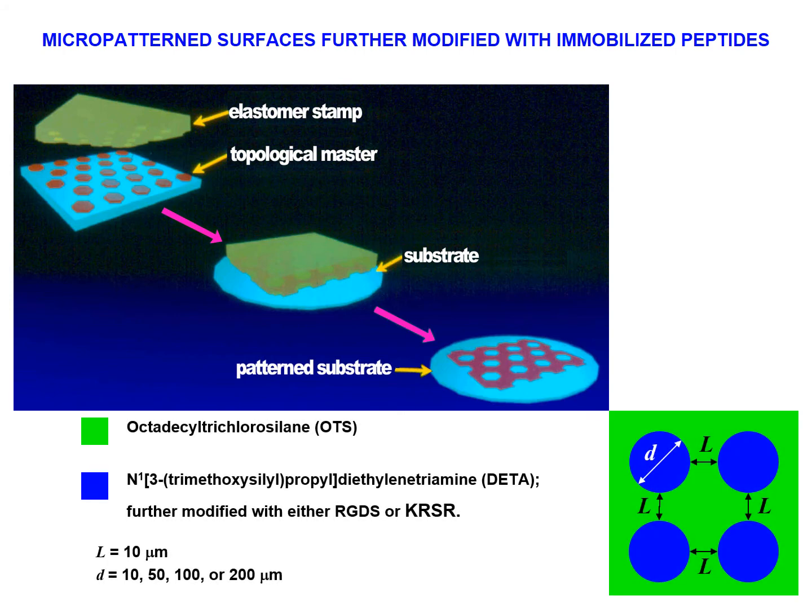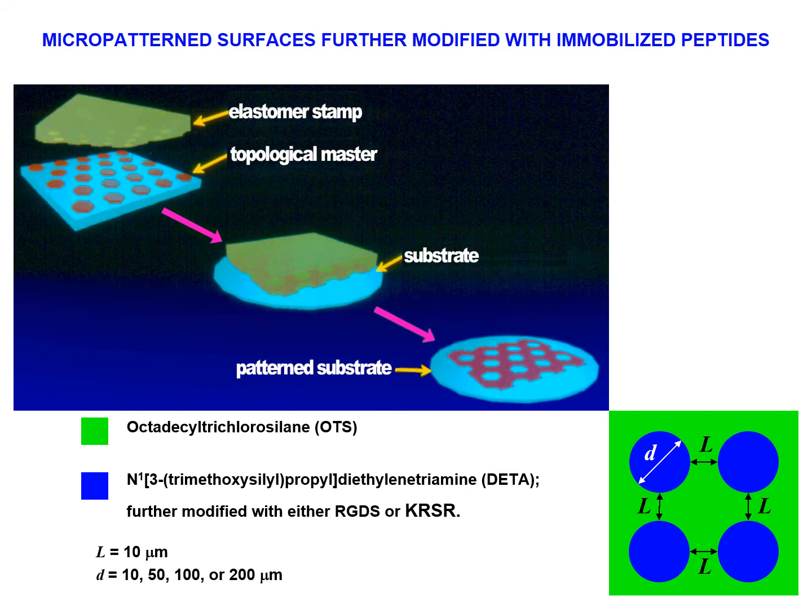Specifically, circles were used, and in the insert cartoon on the lower right-hand side, you see the circles with diameters which were different for the various studies: 10, 50, 100, or 200 micrometers. In addition, the distance between those circles, indicated by the letter L, always stayed the same at 10 micrometers.